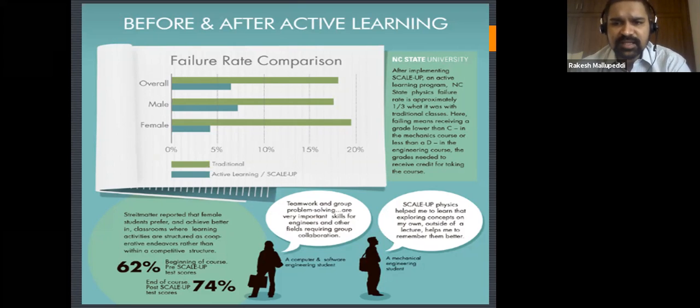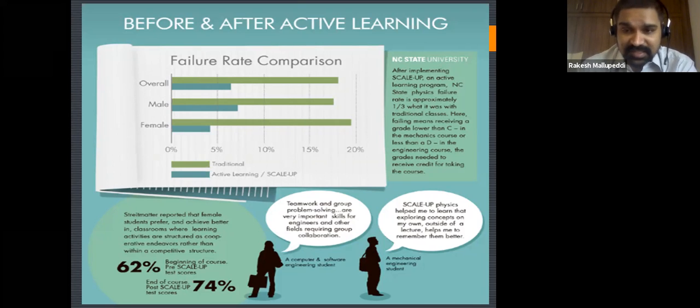If you see, the green line is the traditional one, and the blue is after active learning. And you can see there is more than a 50% decrease in the failure rate.